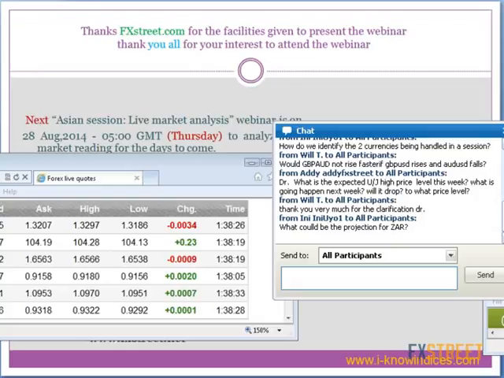What could be the projection for ZAR? Okay, all the regional currencies, the South African rand, the ZAR, are expected to strengthen first. So the regional currencies are expected to strengthen initially from the end of this week and the next week. Followed by that, you'll find Euro and GBP will also strengthen.